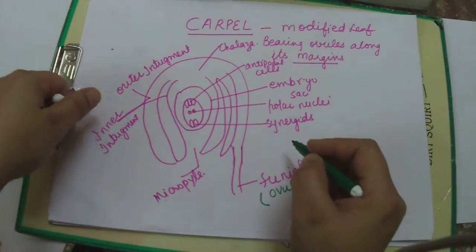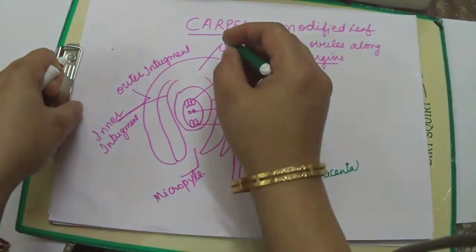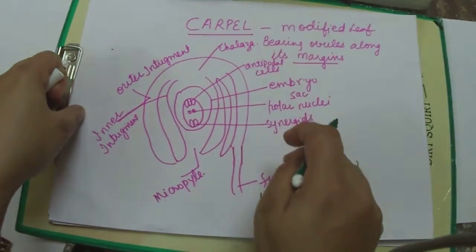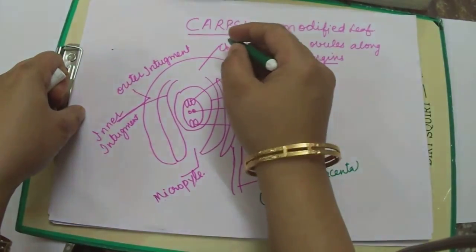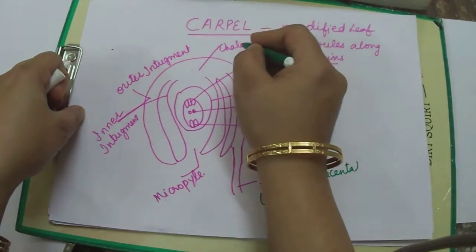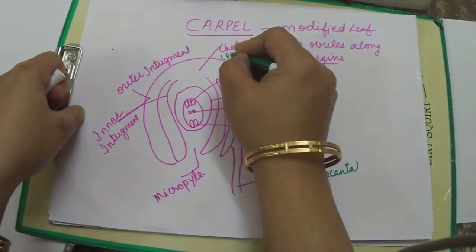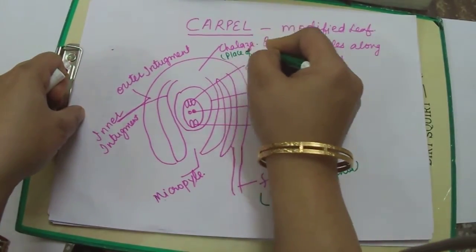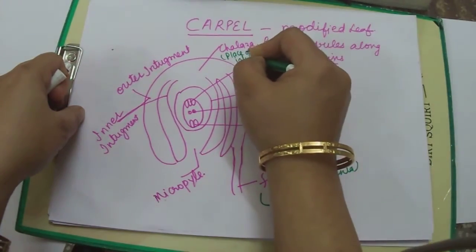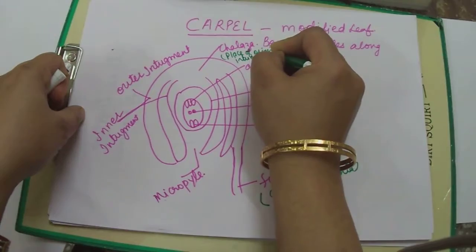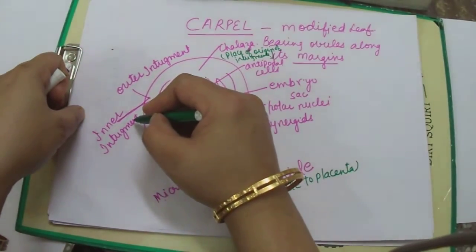Next is the chalaza. Chalaza is the place of origin of the integuments.